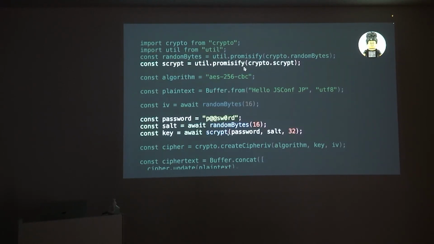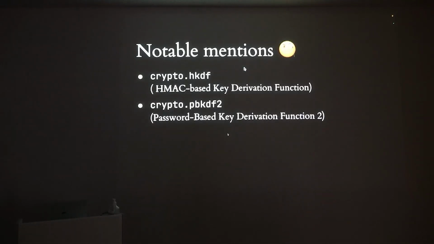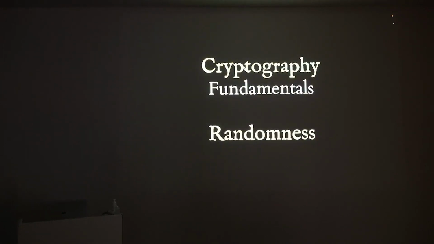All right. We have two other KDFs in the crypto module, HKDF and PBKDF2, which you can go and read more about. So as we saw by now, being able to generate random values is very important to being able to work with cryptography.